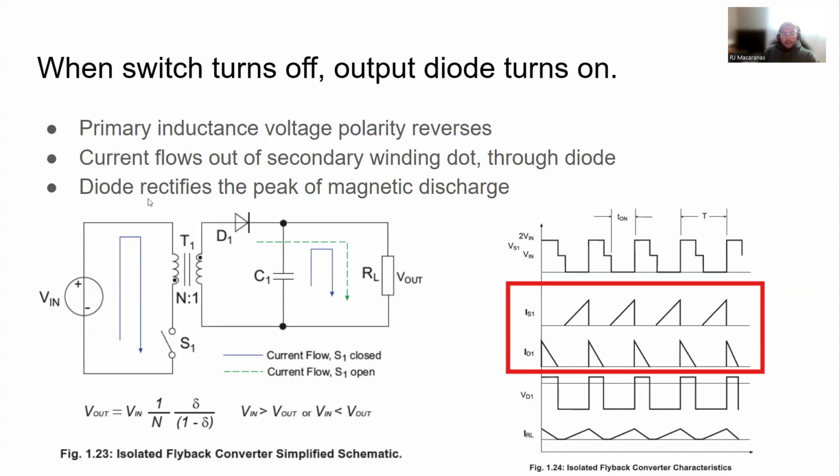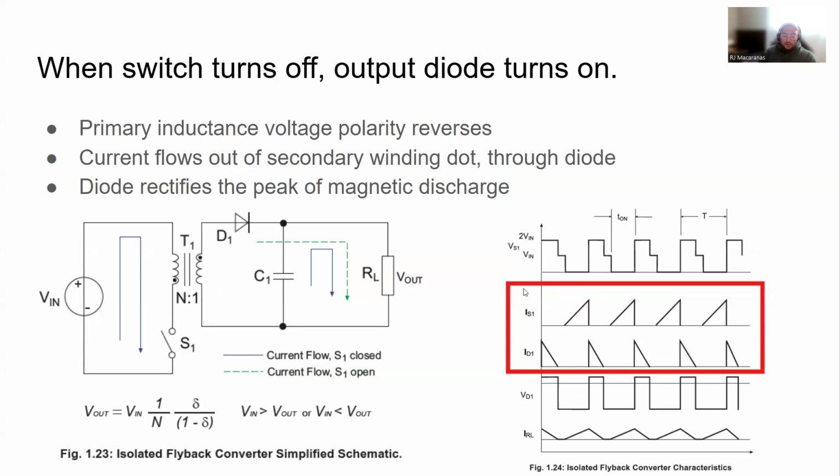The diode is called a peak rectifier because it's clamping the magnetic discharge voltage, only allowing that peak voltage to be seen there.